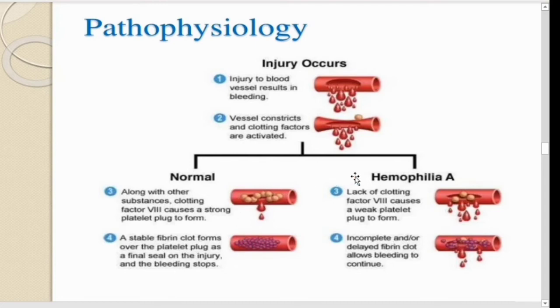This is the normal case, but in hemophilia A there is no or low production of factor 8. So due to low or no production of factor 8, there will be a weak platelet plug over the wound area, and after this there will be an incomplete or delayed fibrin clot over the platelet plug, and thus bleeding will continue.